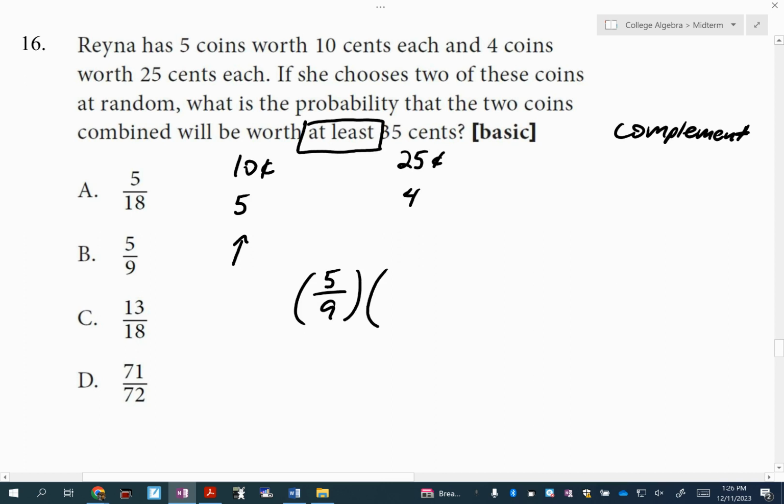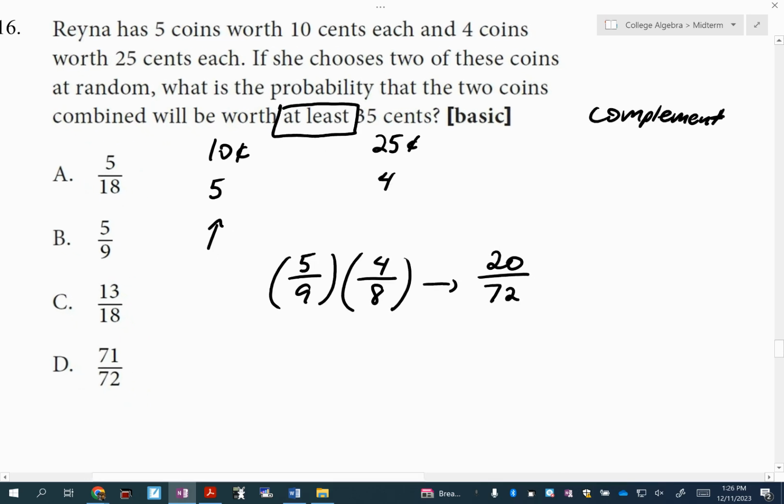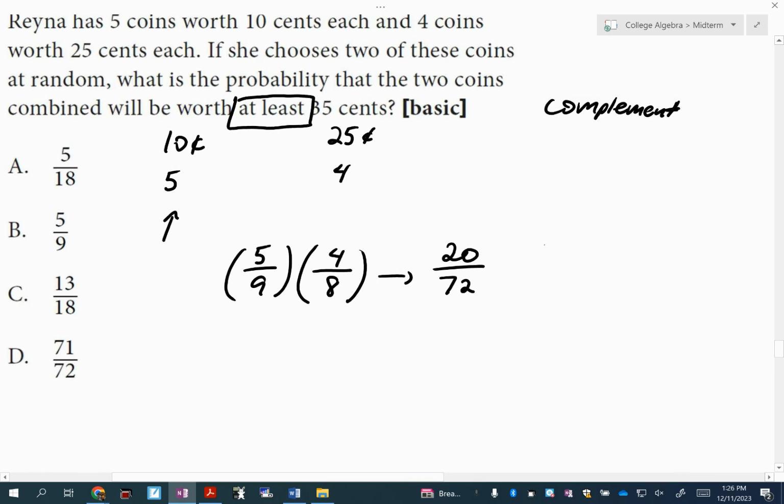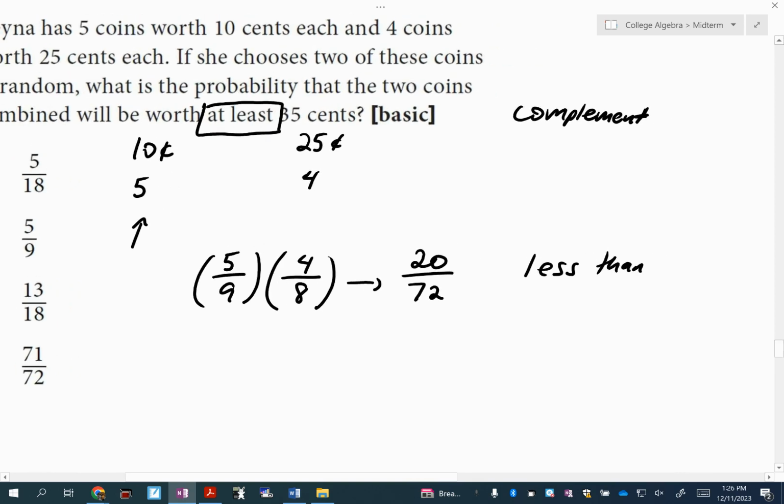But then when you do it again, it doesn't say you're replacing it. So now your new denominator is 8, and we've already picked out a 10-cent one. So the new numerator would be 4, and this right here, if I multiply it, would be 20 over 72. This is not the answer, but this is the likelihood of doing less than 35 cents, or essentially 20 cents.